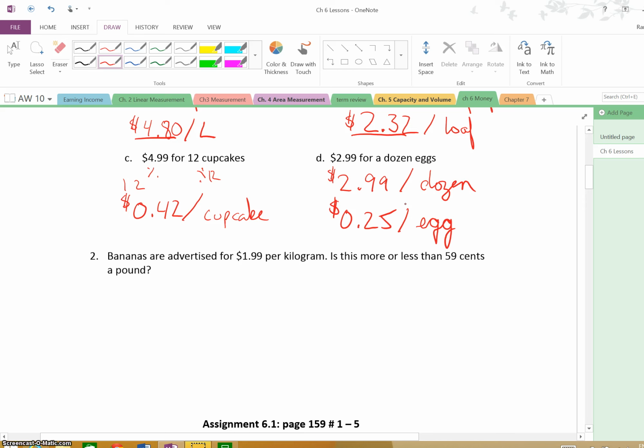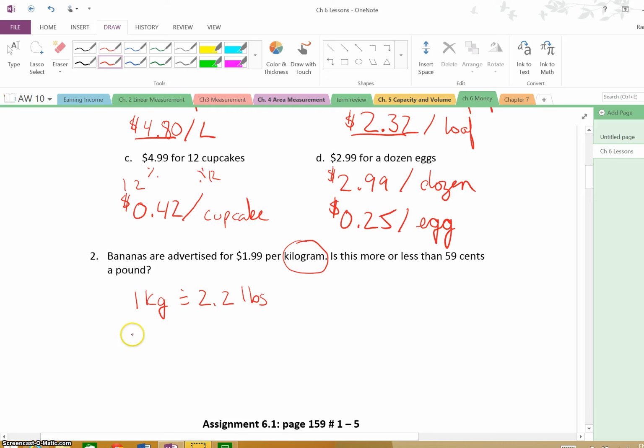So here's an example. Bananas are advertised as $1.99 per kilogram. Is this more or less than 59 cents a pound? So what I need to do is figure out what 1 kilogram is in pounds. I know that 1 kilogram, when I look at my book, is about 2.2 pounds.